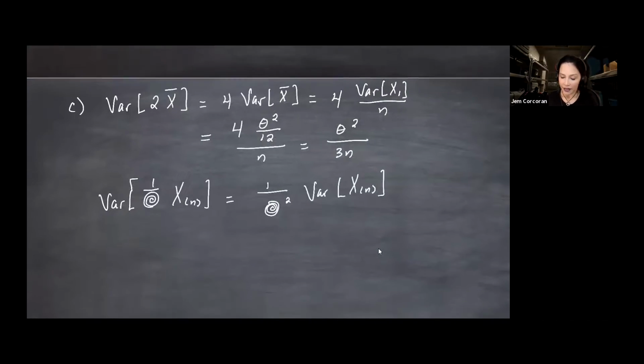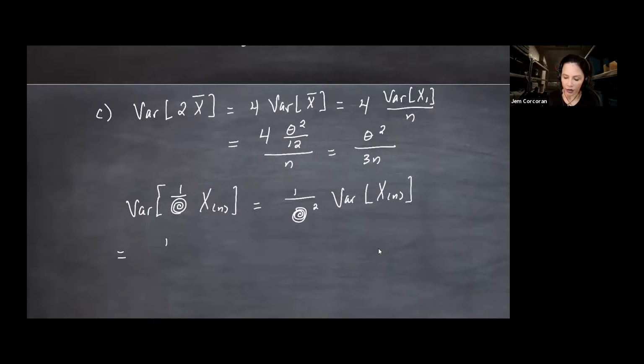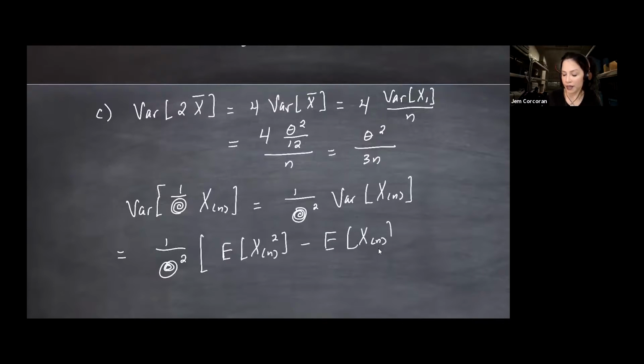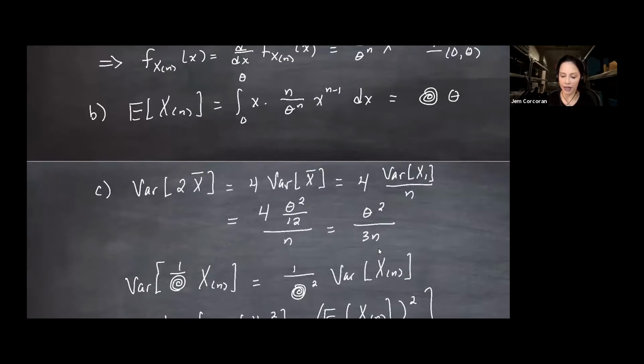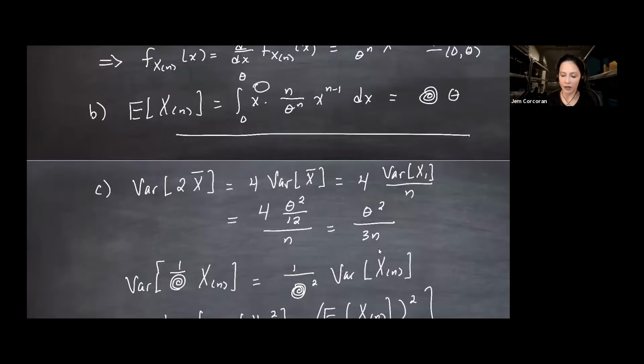And this variance is the expected value of the maximum squared minus the expected value of the maximum, all squared. And we already worked out that expectation. It was the constant times theta. And you can work the other one out pretty easily because it's just this integral again, but you're putting an x squared here, and it's just another simple power integral. You combine the x's and you integrate with respect to x.